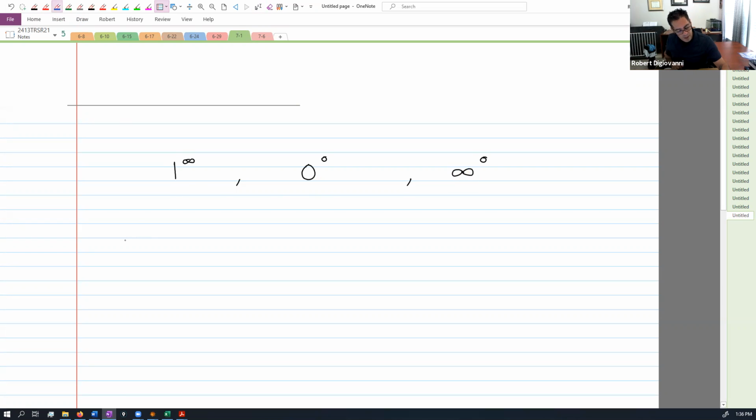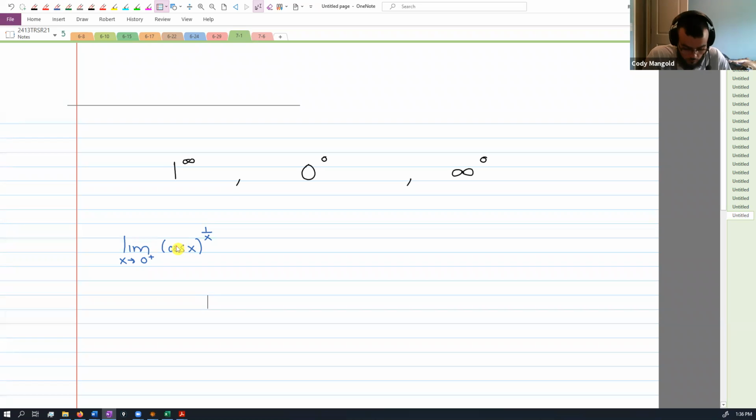Let me give you an example under each one of these. So let's say that we take a limit. Let x go to 0 from the right side, and let me do cosine of x raised to the 1 over x. As x goes to 0, what's cosine of 0? 1.